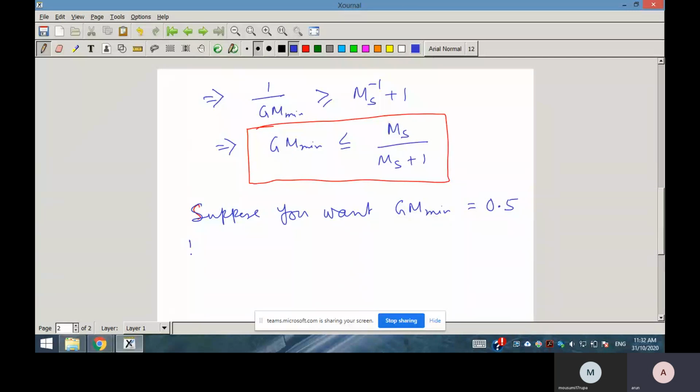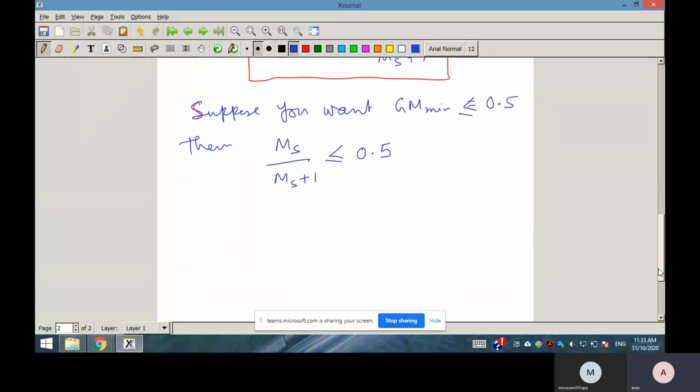Then what is the MS limit? GM min less than or equal to 0.5 can be guaranteed if MS by MS plus 1 is less than or equal to 0.5.